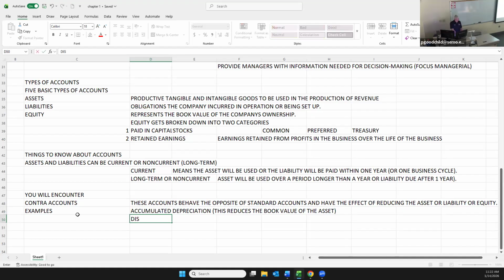Might also see a discount on bond or note. These are just some examples. Don't feel like you have to memorize them or get them all down.